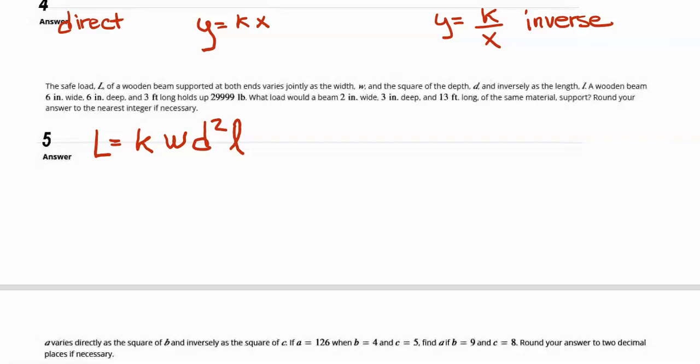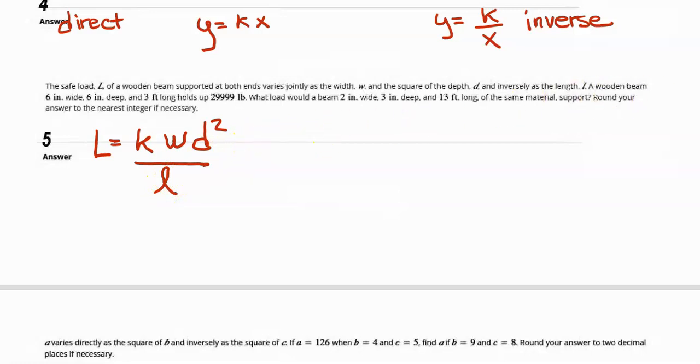So a safe load is L equals K, your constant of variation, varies jointly as the width, which is W, the square of the depth, that is D, and inversely, and I see I have that incorrect here, didn't read that too well, inversely as the length. Okay, and here we're using a capital L for load, lowercase l for length.